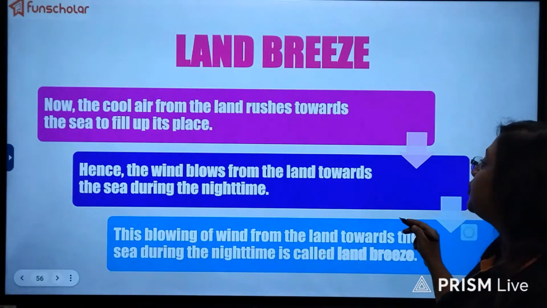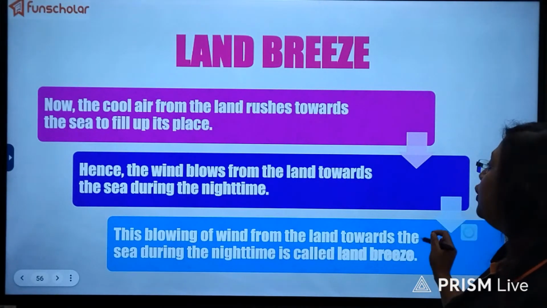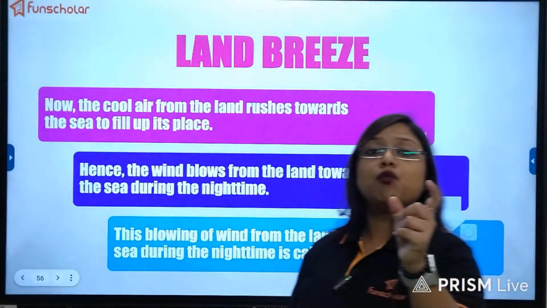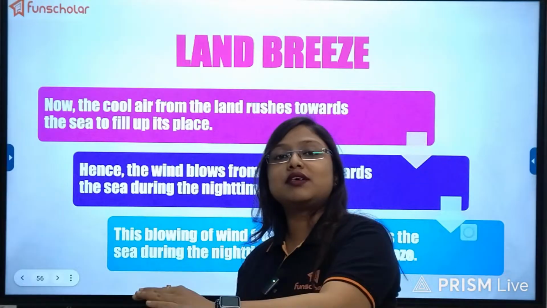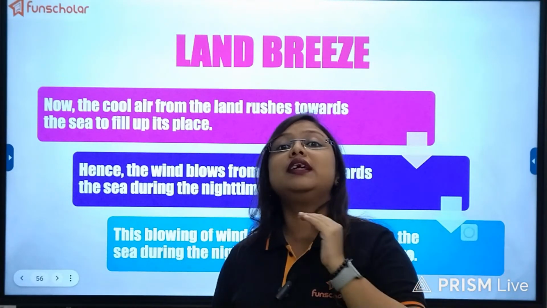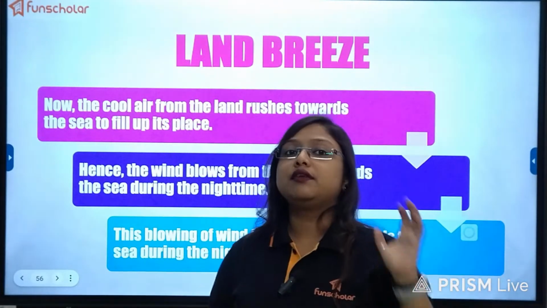Hence, the wind blows from the land towards the sea during the night time, and this blowing of wind from the land towards the sea during the night time is called land breeze. The air going towards the sea to occupy that vacant space is called the land breeze. Since it goes from the land towards the sea, it is called land breeze.